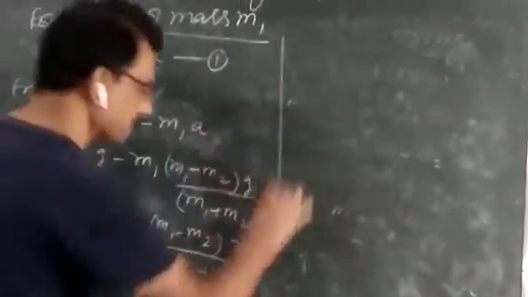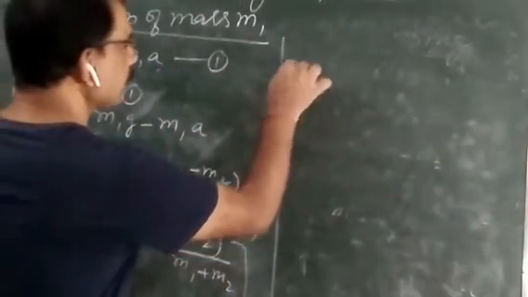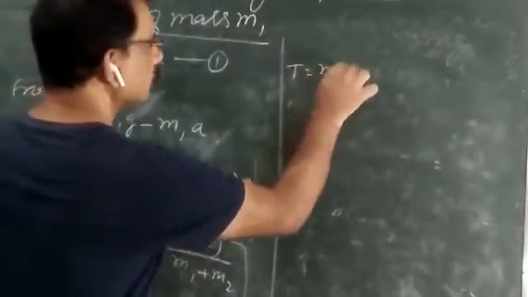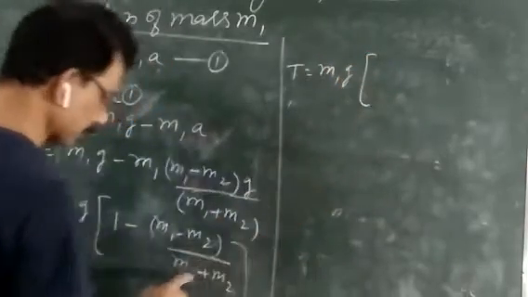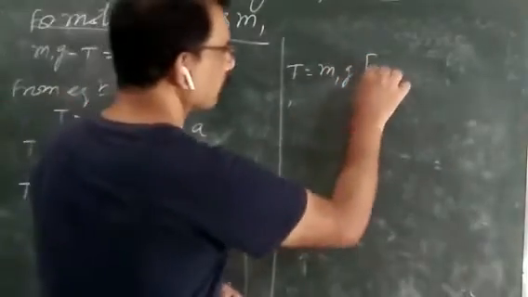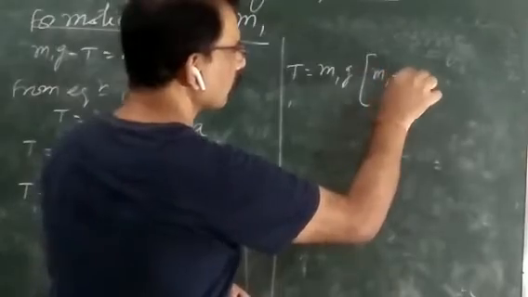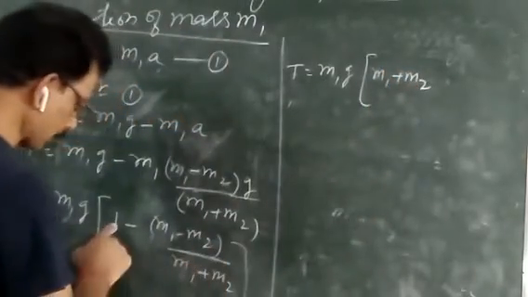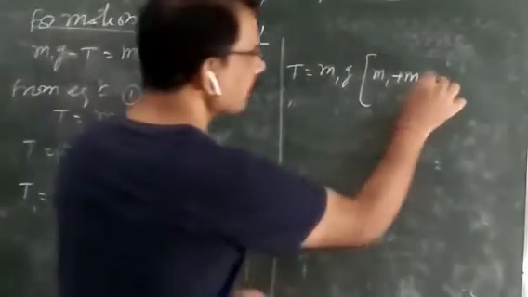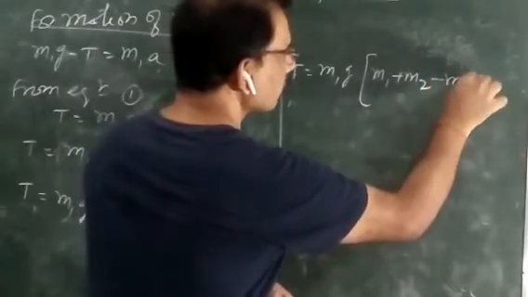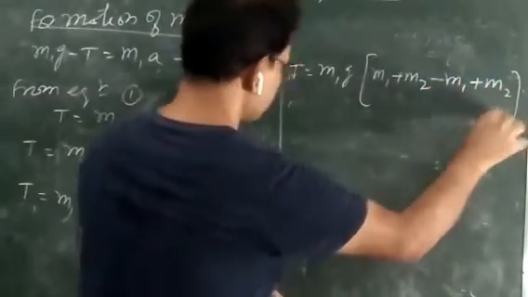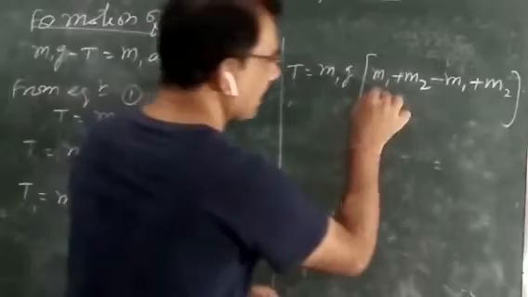And finally you will get T is equal to m1g, and here you can write m1 plus m2 minus m1 plus m2 upon m1 plus m2.